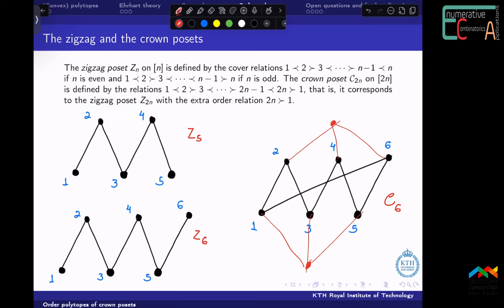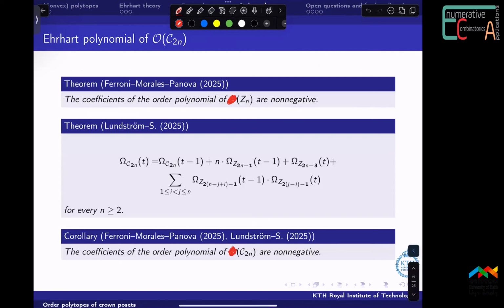So what I want to compute is order polytopes of face lattices of polytopes. The first non-trivial case would be polygons.